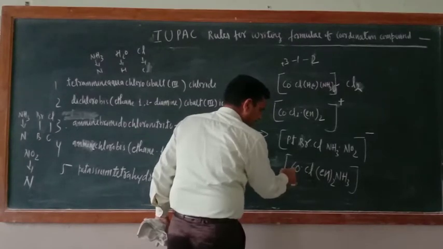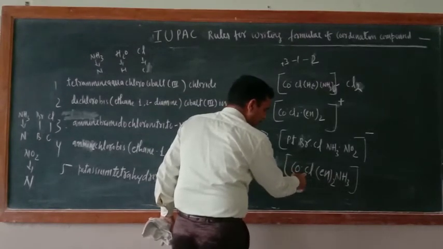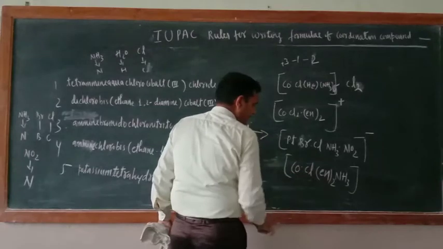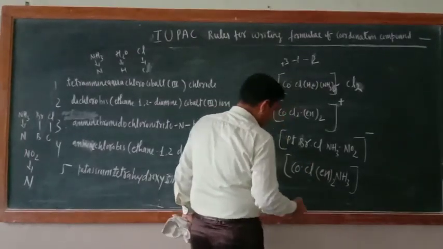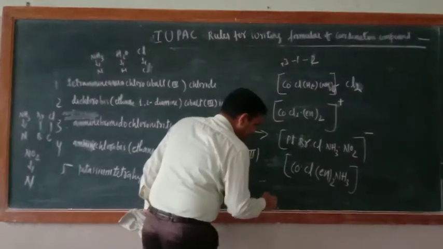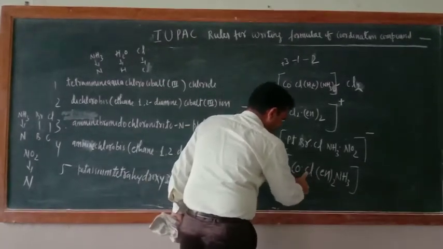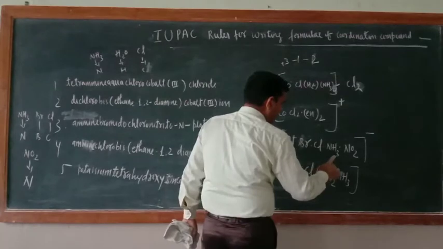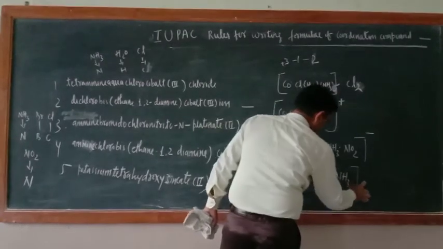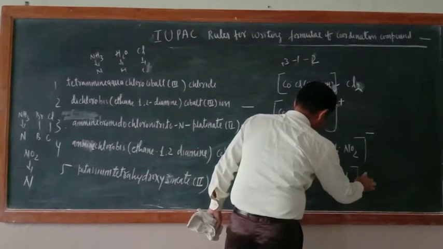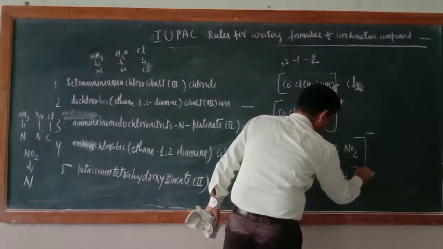So here cobalt is 3 positive but chlorine is -1 only. Then what should be there? You can very easily calculate. How? 3 positive charge, -1 charge. Then here you put, see, on this side, if it is positive charge, then negative charge, 2 negative.